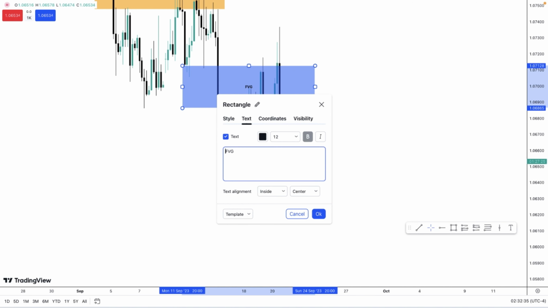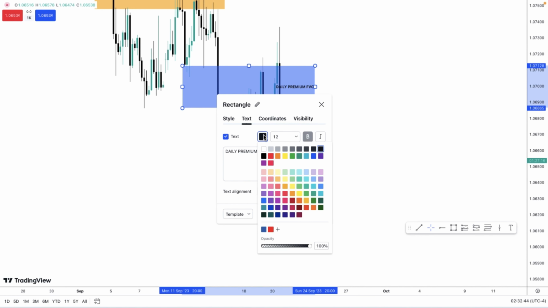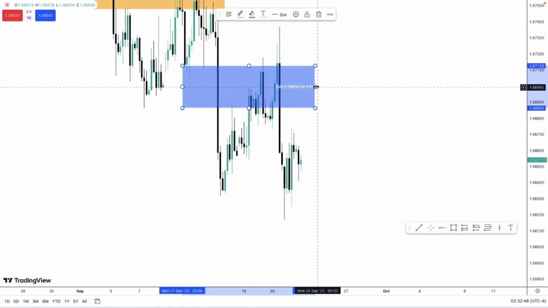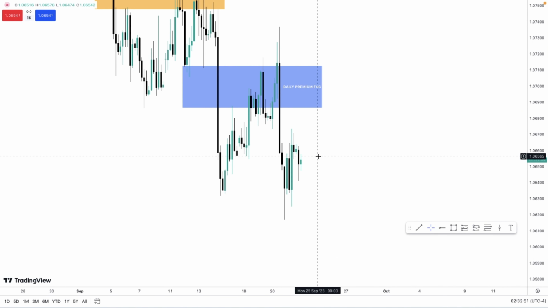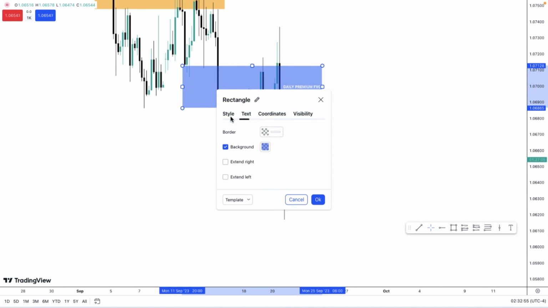So this is a daily premium fair value gap. I'm going to try my best to be very fast so that we do not have a very long video. So this is my daily premium fair value gap. Let me make it a bit lighter.